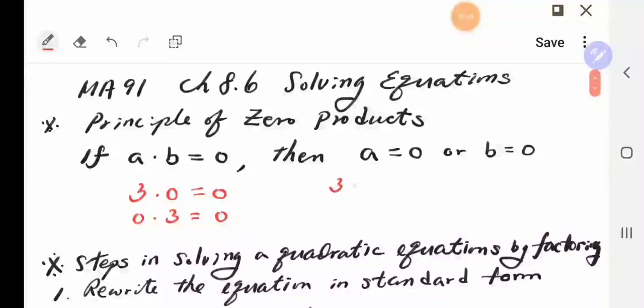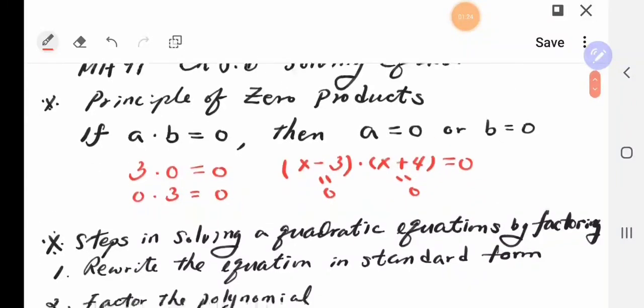So for example, let's say here is x minus 3 times x plus 4 is equal to 0. In order to make this 0, that means each factor is equal to 0. Either the first factor is 0 or the second factor equals 0.